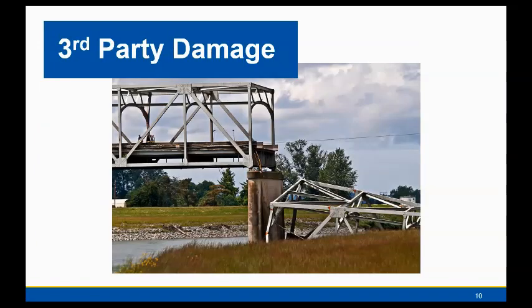And then lastly, third-party damage. This is essentially Murphy's Law poking its head out, but third-party damage is very common, especially with encroachments and the amount of construction activity we see in some of the rural areas. Someone not calling in an 811 ticket before they start digging and striking the pipeline, that's absolutely an immediate response, something that is going to take precedence over any other work you have going on.